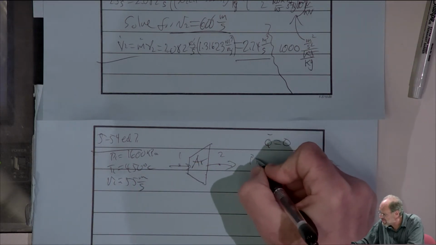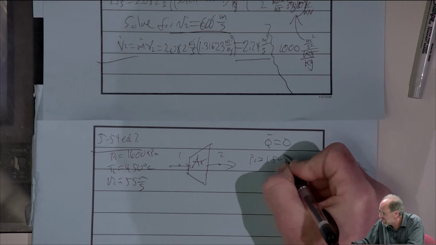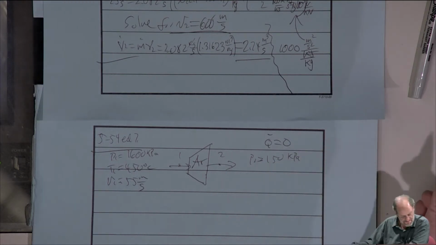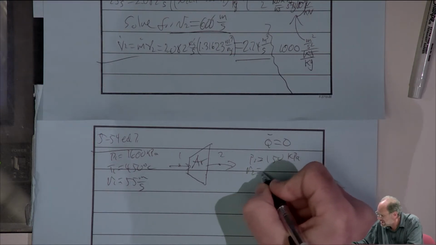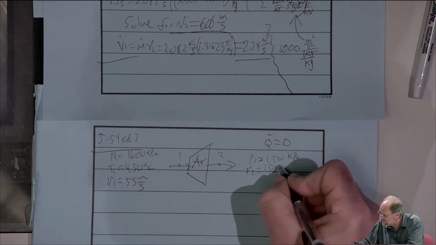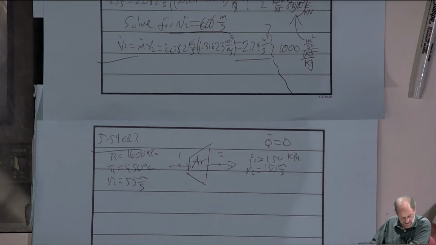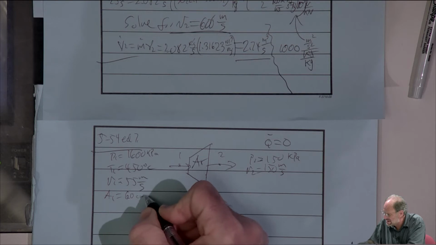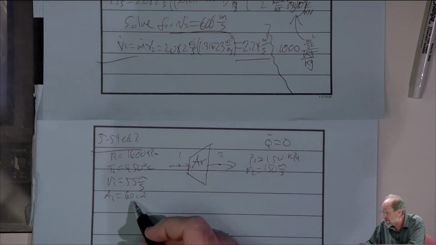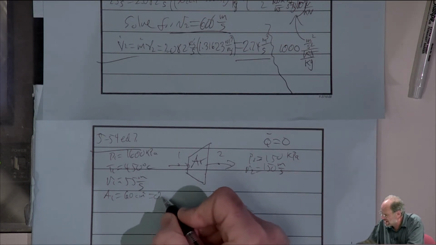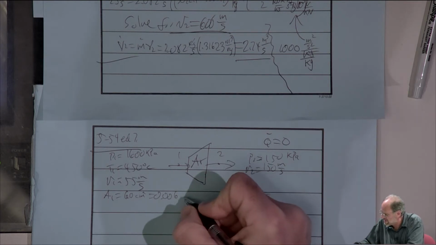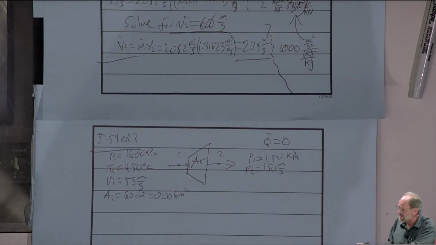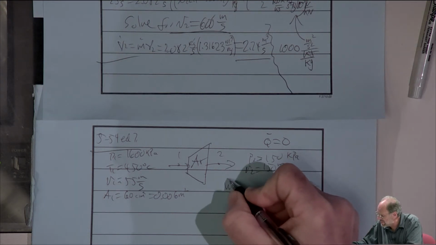And gives me exit pressure, P2, 150 kilopascal. And exit velocity, 150 meters per second. The inlet area is given, but not the exit area. So A1 is 60 centimeters squared. So again, we're going to have to convert this. So we divide by 10 to the 4th. We get like 0.06 square meters. And finally, gives us the power output.